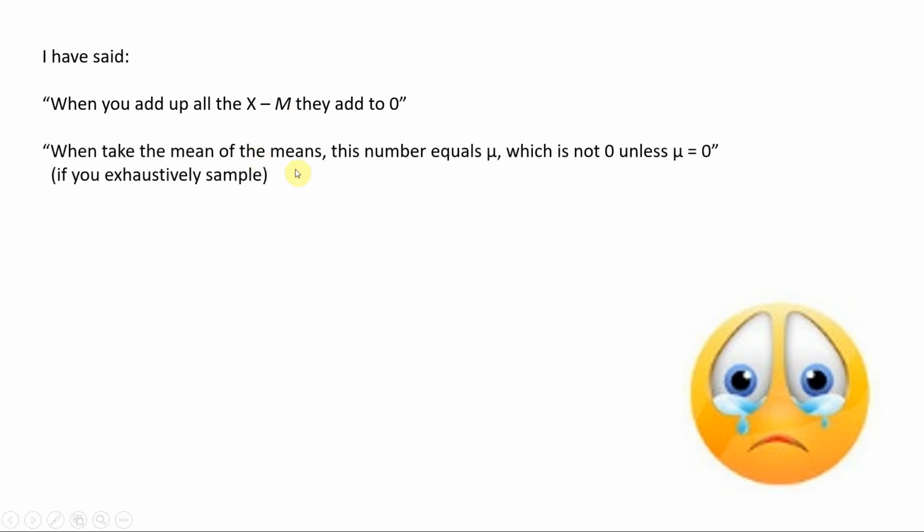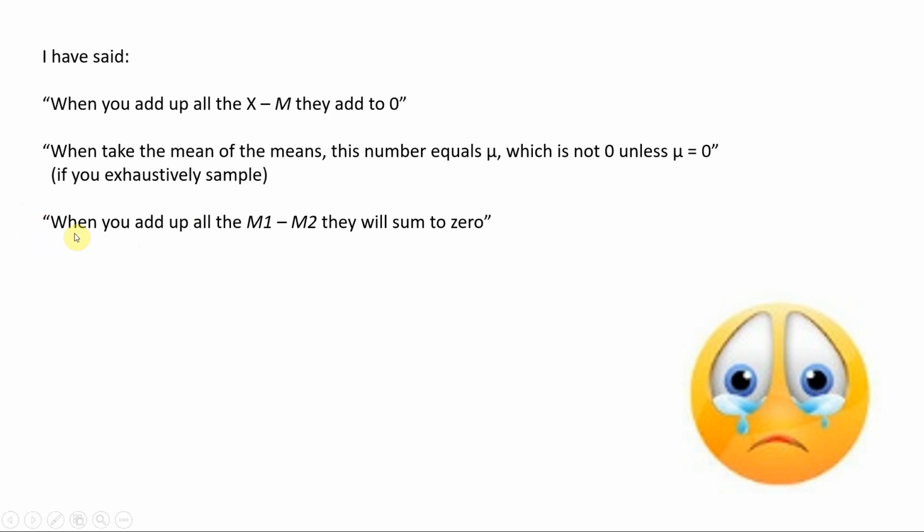Then I said when you take the mean of the means, this number equals the population mean, mu, which is not going to be 0 unless mu happens to be 0. This is if you exhaustively sample. And we talked about this when we were looking at biased and unbiased estimates.